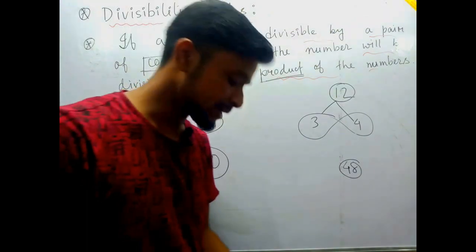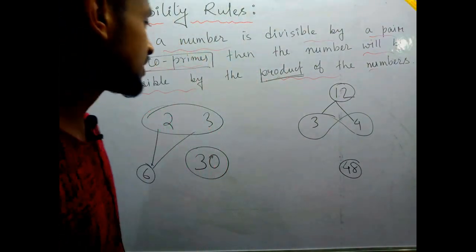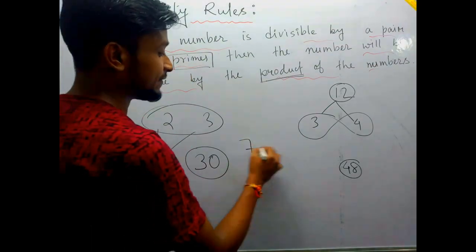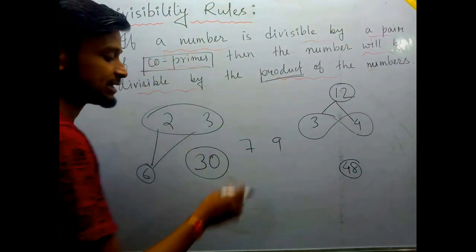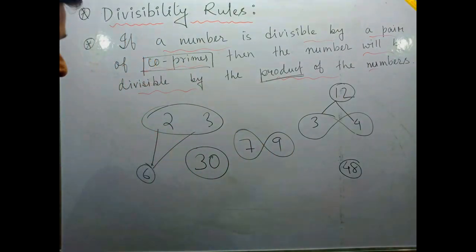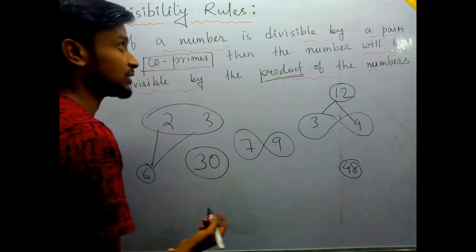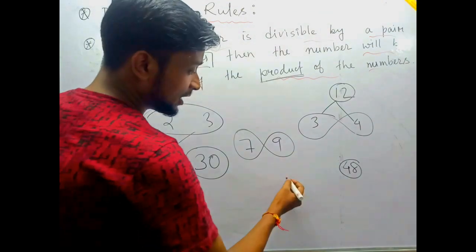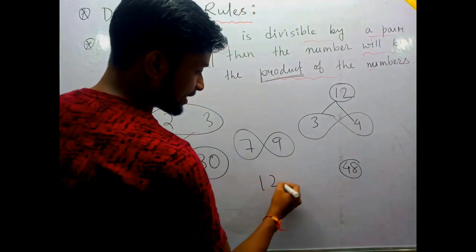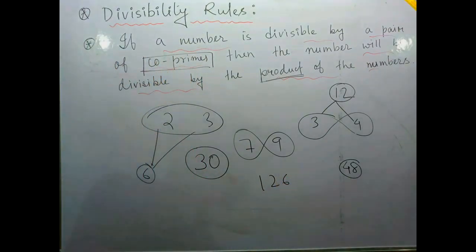So you have to know that if two numbers are co-prime, like suppose 7 and 9, these two are co-primes. A number divisible by both 7 and 9, suppose 126. 126 is divisible by 7 and 9 both.